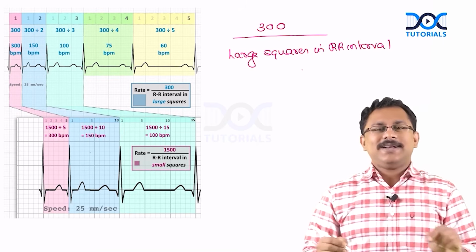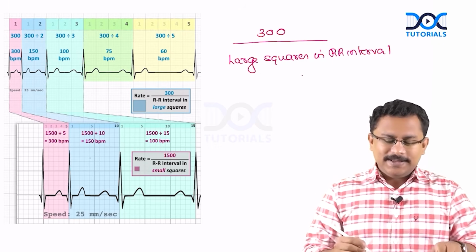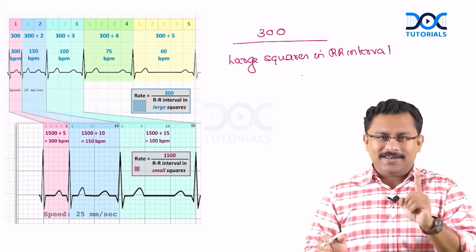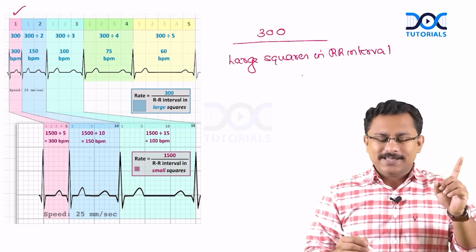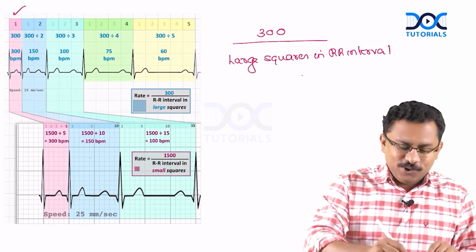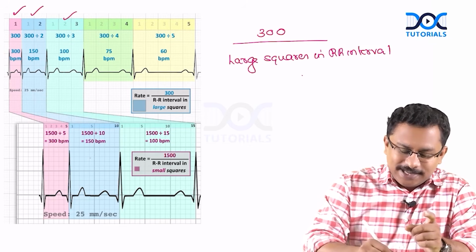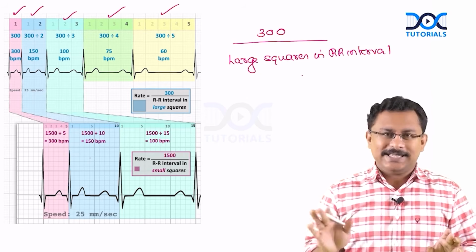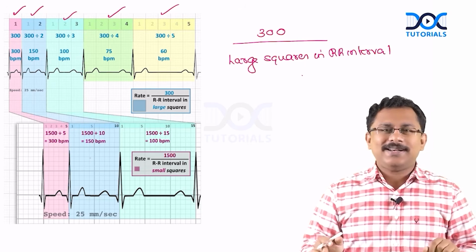The RR interval corresponds to a beat, correct? So if it is one large square between two R waves, it is 300, that is going to be the heart rate. If it is two large squares, it is going to be 150, 3 large squares 100, 4 large squares 75, and if it is 5 large squares, it is 60.